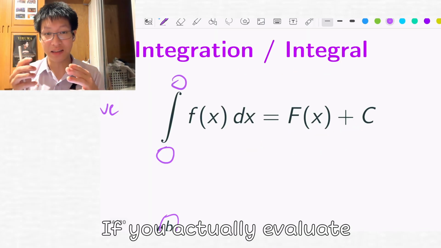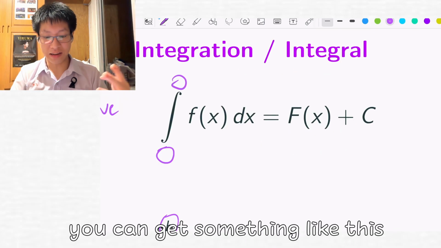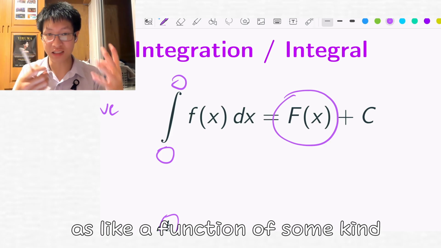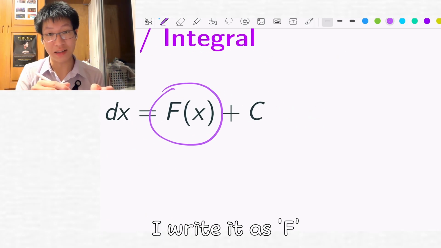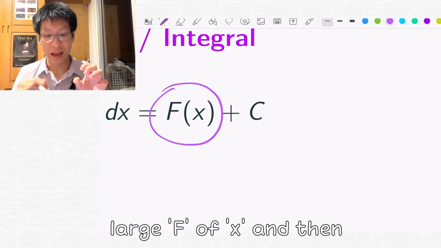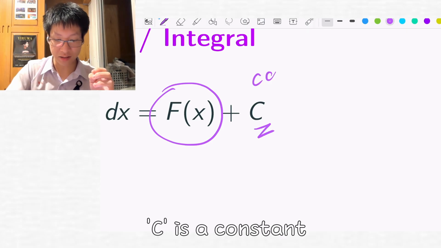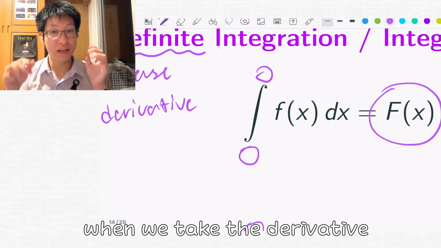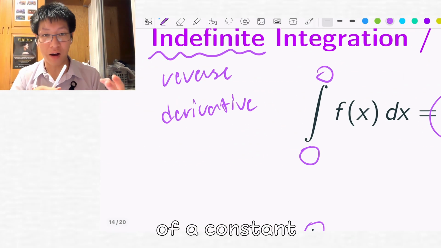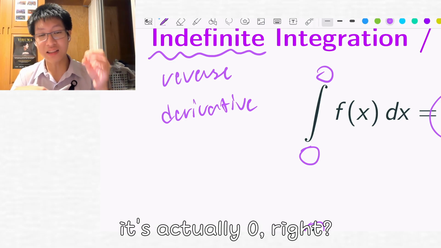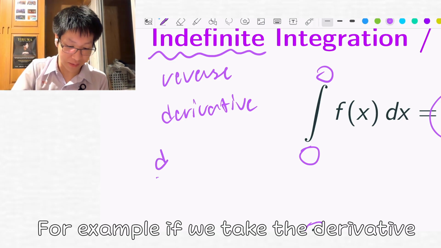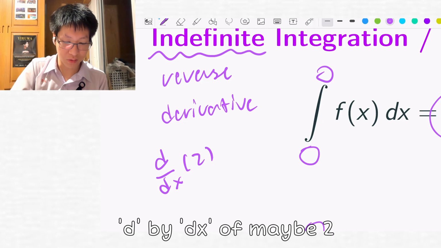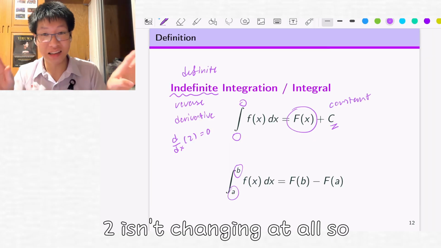If you evaluate the inverse derivative, you get some function, which I write as large F of x, plus c. C is a constant. We add a constant because when we take the derivative of a constant, it's zero. For example, the derivative d by dx of 2 is 0, because 2 isn't changing at all.